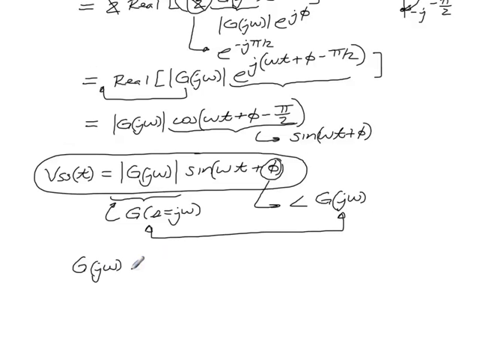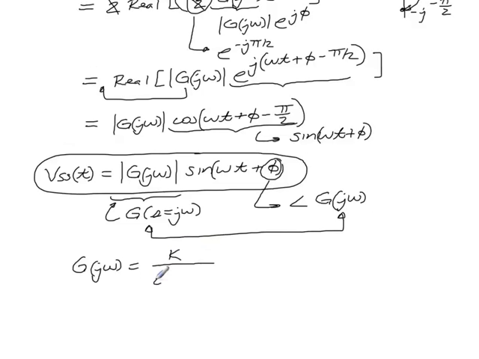G(jω), that's Kωn² divided by... looks like I don't have this here in my notes, so let me try this one more time. This is actually K on top.